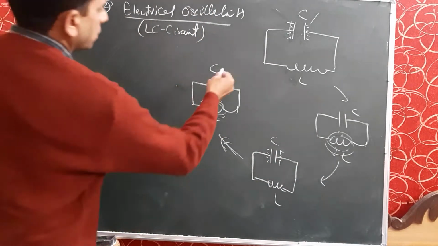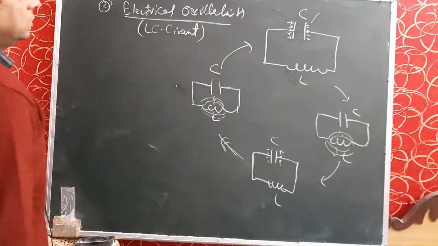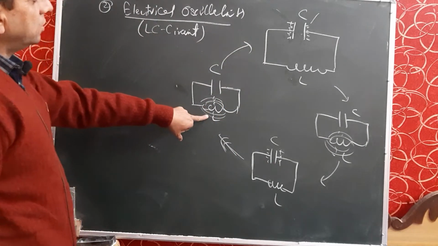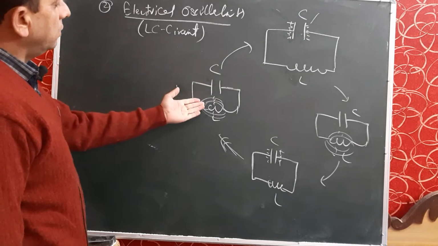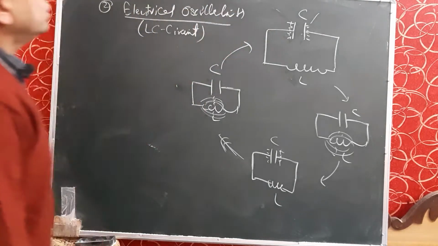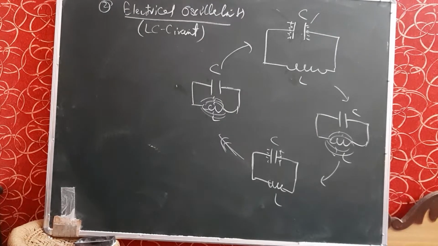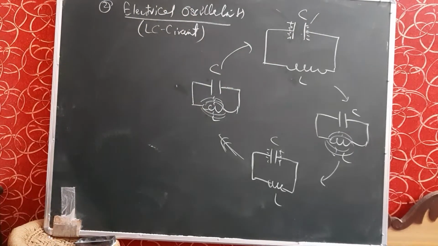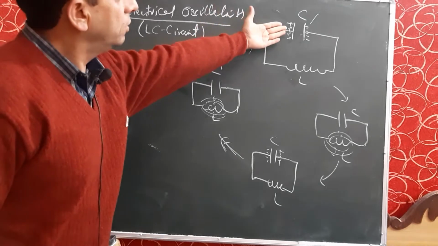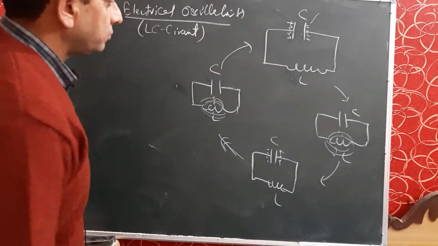After some time the inductor will fully discharge and the capacitor is fully charged again, in the form of electric or electrostatic field. So this is the whole process during the charging and discharging of capacitor and inductor.